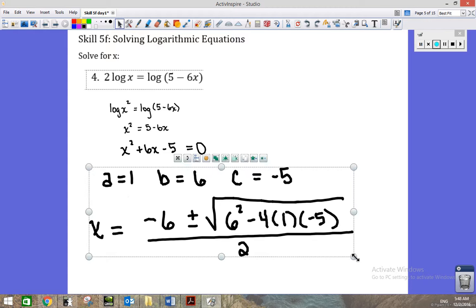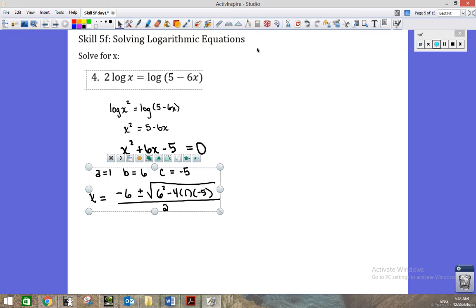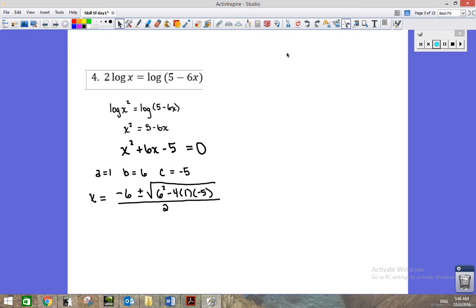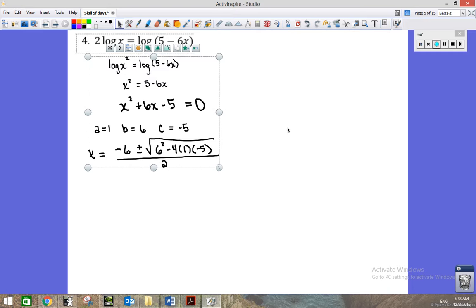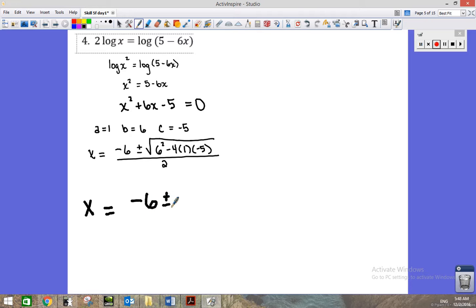Alright, so let's see if we can simplify this. We've got the opposite of 6 plus or minus. We've got 6 squared is 36. The two negatives will make that addition, and 20.